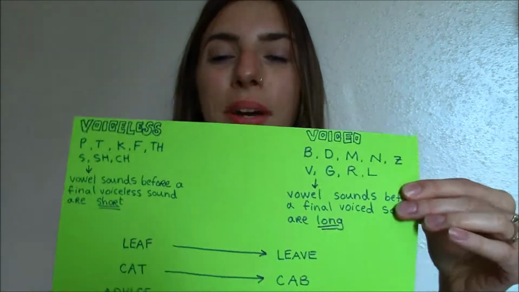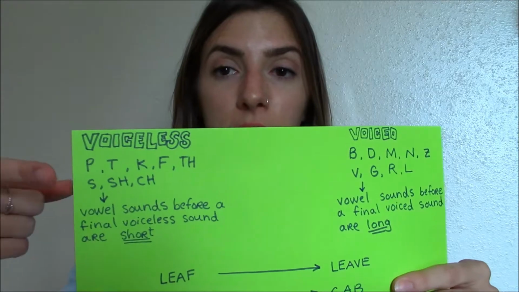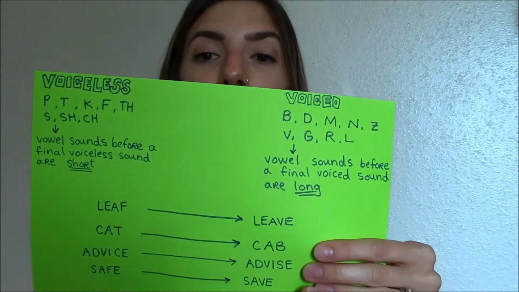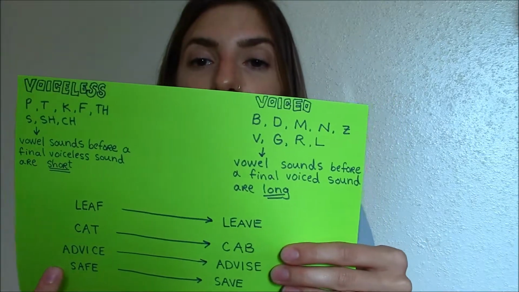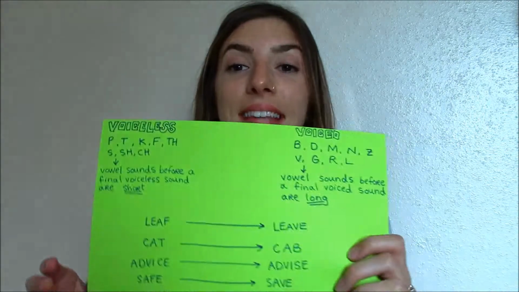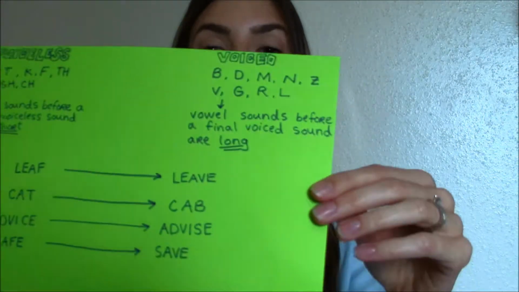But we're not talking about the letters here, we're talking about the sound that it makes. So advise, what sound does that sound like? It doesn't sound like S, it sounds like Z, advise, right? So it's the sound that it makes. So here it has the Z sound, so that's why we say a longer vowel. Advice, advise. And lastly, we have safe and save.